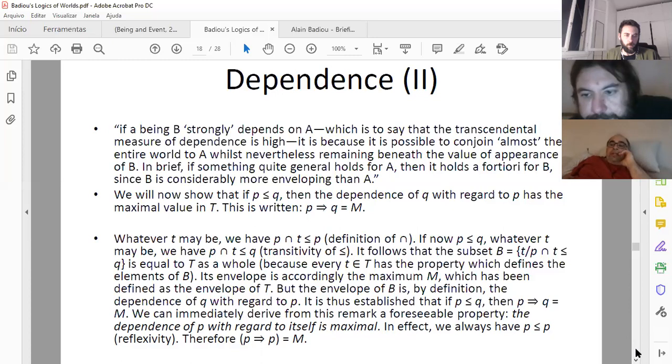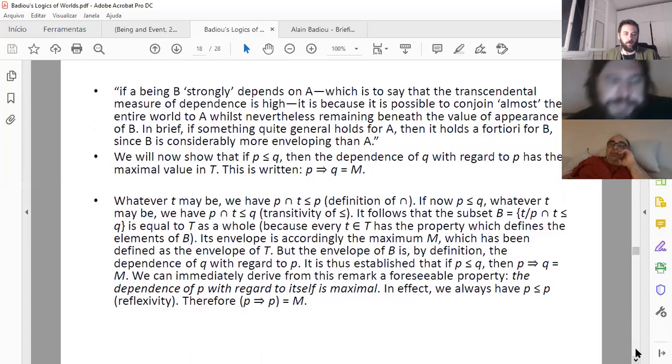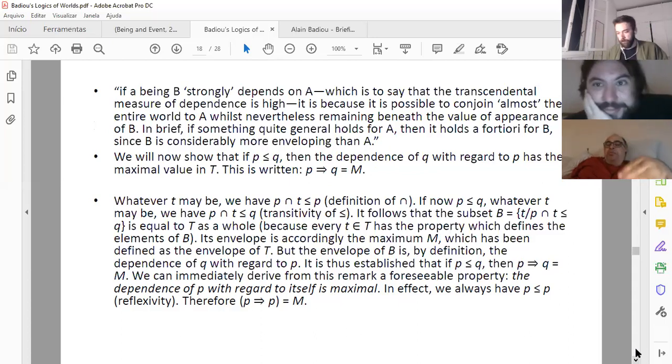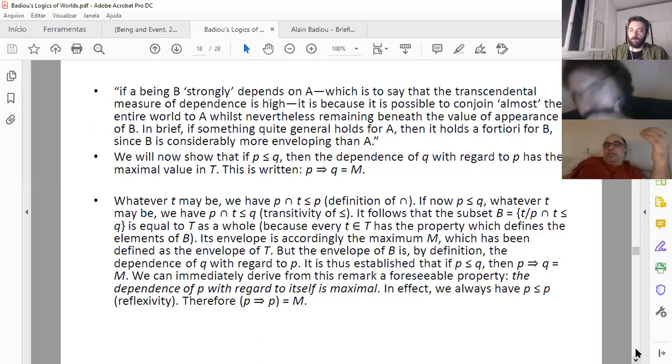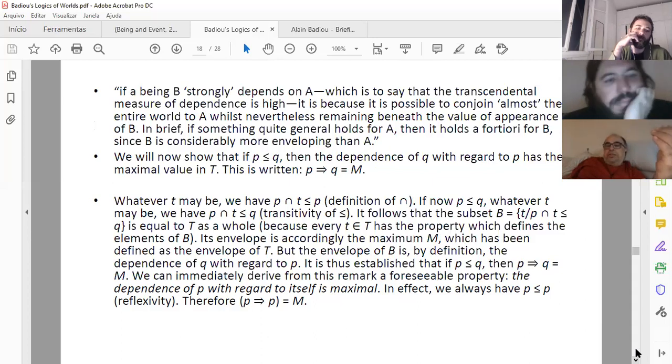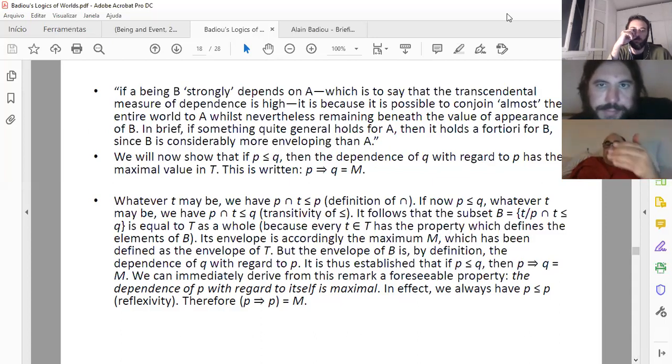This is where a good example would have helped Badiou. I don't know whether it's a good example, but let's try a simple one. Let's remember P and Q are degrees, not the actual objects. So basically it says that if something of a lesser degree of appearance is there, something whose appearing is rarer than the appearance of something else, then if it is there, the other thing is already there.